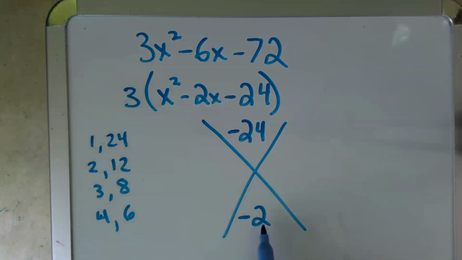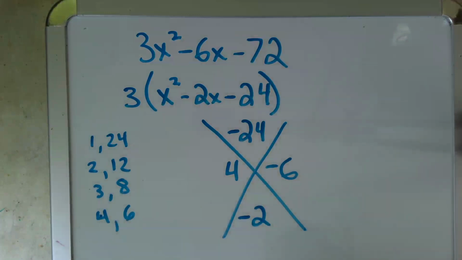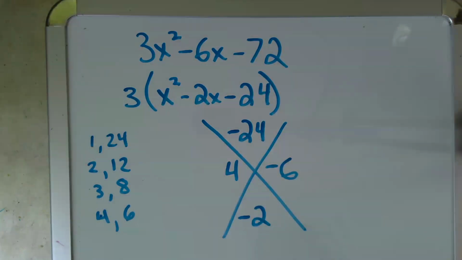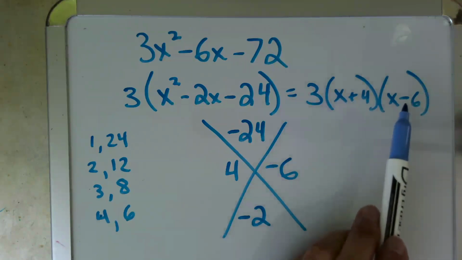I need my result of addition to be negative, so the larger of the two numbers wants to be negative, so that's a 4 and a negative 6. And now, because my x squared has no coefficient, because I factored the 3 out at the beginning, these are the two numbers that go straight into my parentheses. So my final factorization is 3 times (x plus 4)(x minus 6).